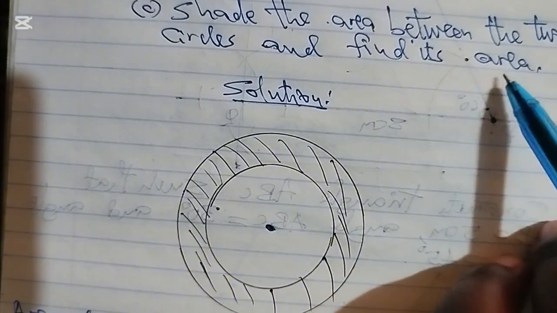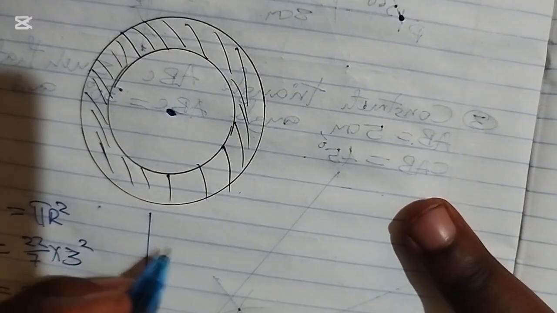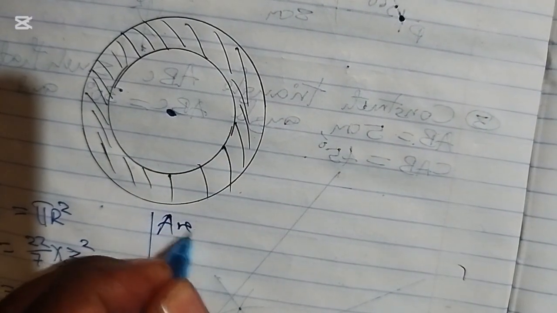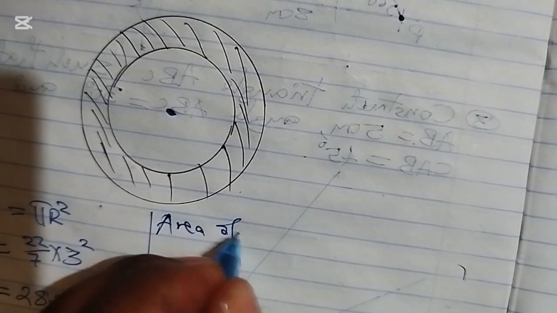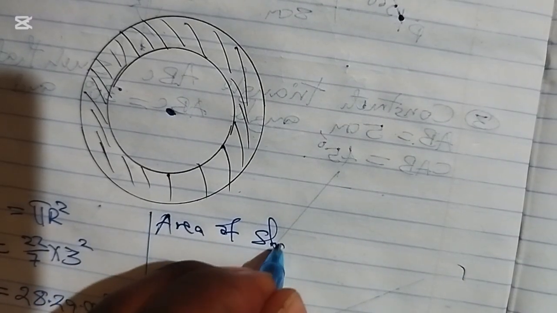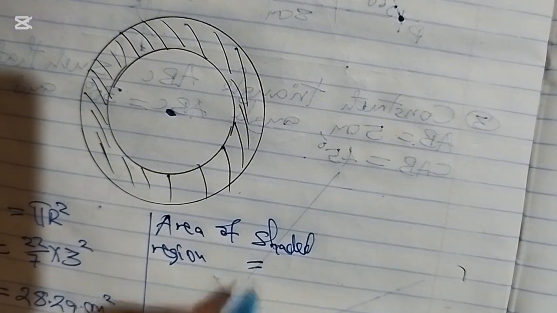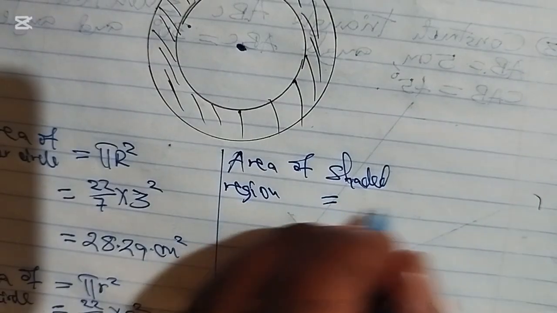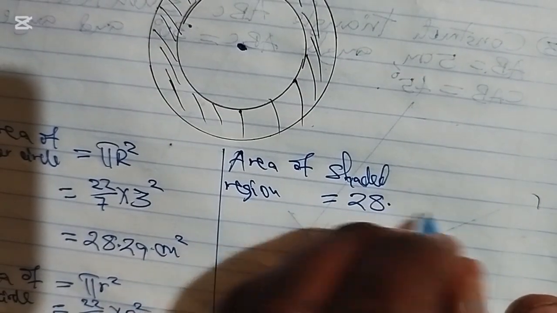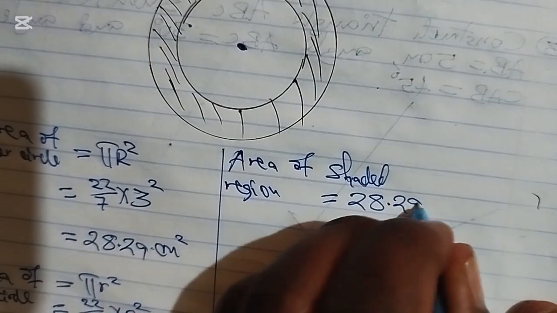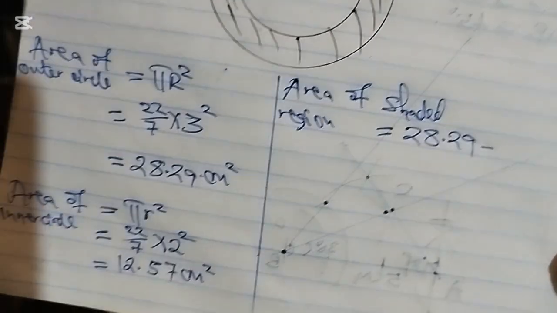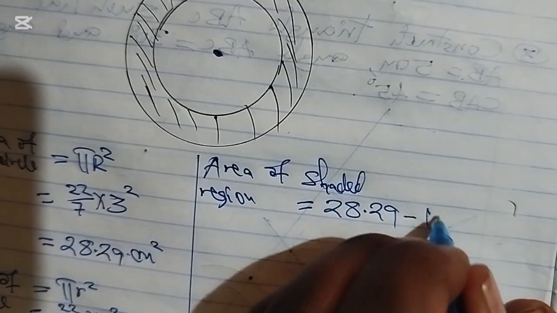After that, the question was to find the shaded area. The area of the shaded region is equivalent to the area of your bigger circle, which is 28.29, minus the area of your smaller circle, which is 12.57.